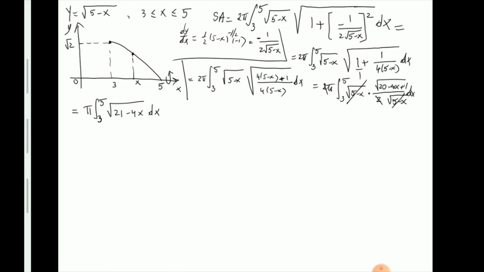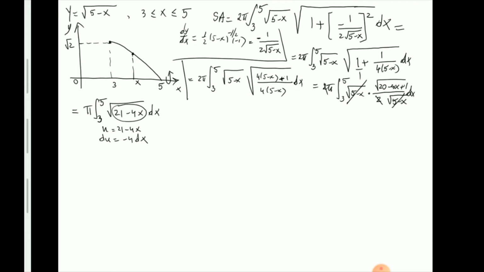This guy actually is just a u substitution, because if you take u to be the inside of the radical, du is just a constant times dx, which is essentially a very basic substitution, right? You just have to go patiently so that you don't make a mistake with the bounds.